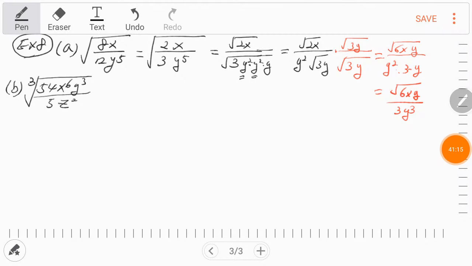Okay, for this, look at this. This is square root of y squared. So we can take this y out, but since this is a square root, even index, we gotta put absolute value over there. Okay, so the denominator is y squared times y squared times y, and then there will be y cubed.